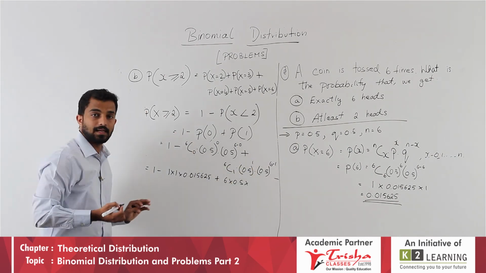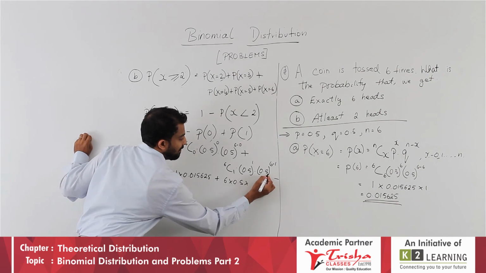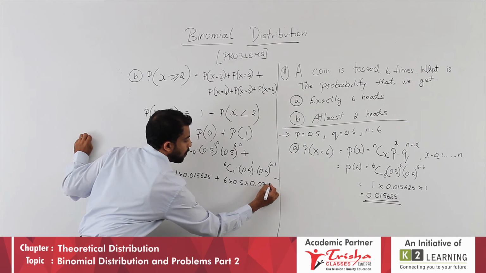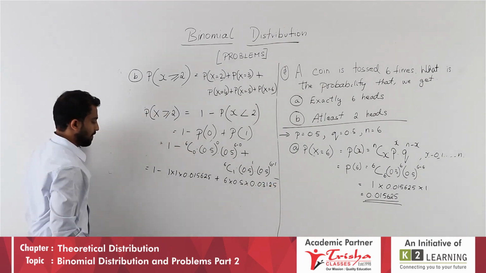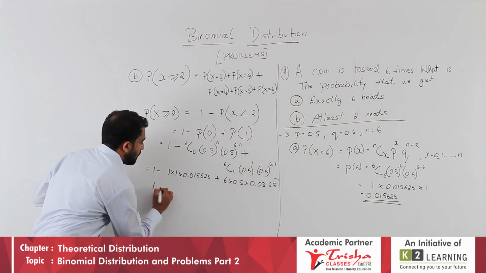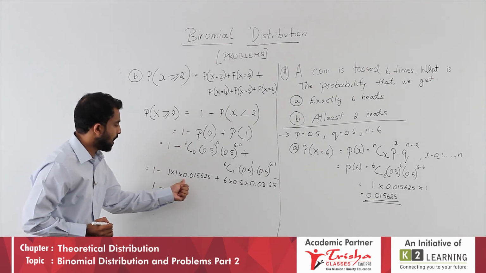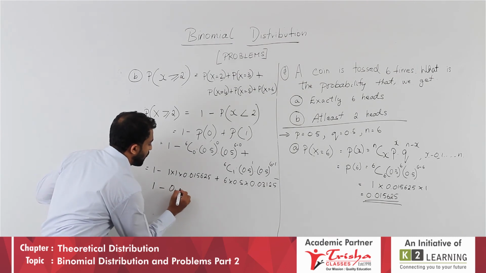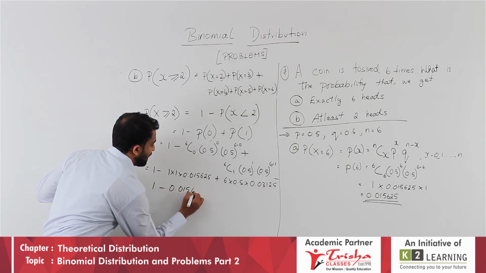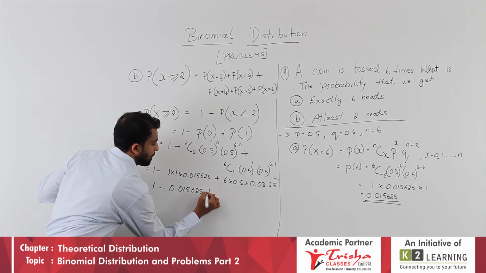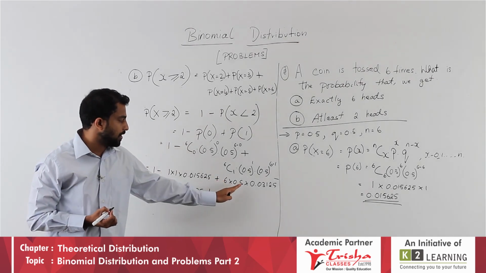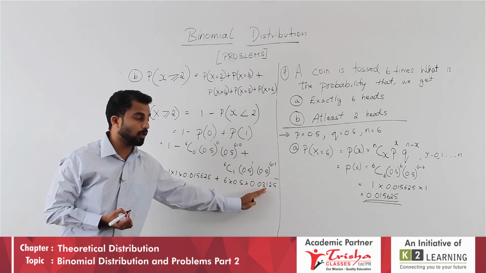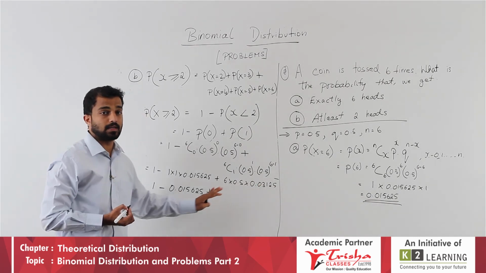And how much is that? 0.5 to the power 5 will be 0.03125. So 1 minus 1 into 0.015625, the same thing, plus 6 into 0.5 into 0.03125. Do the calculations correctly.